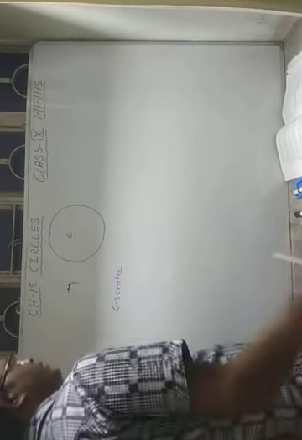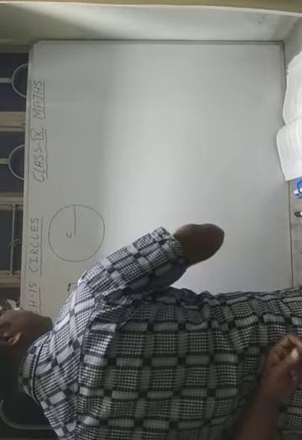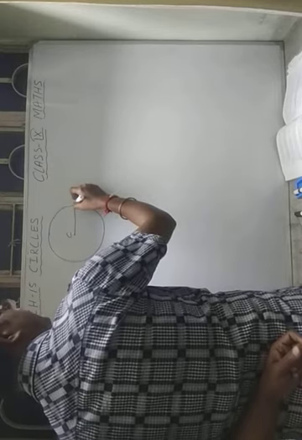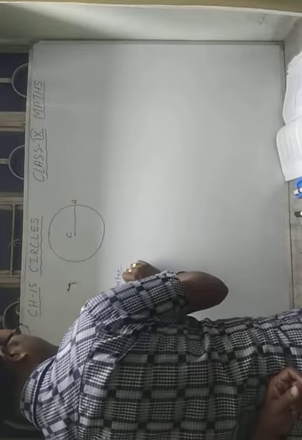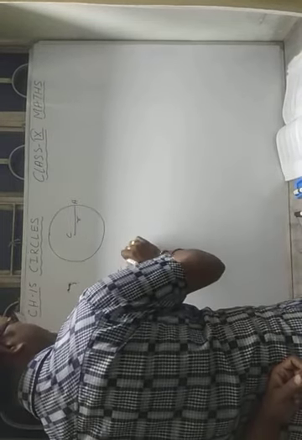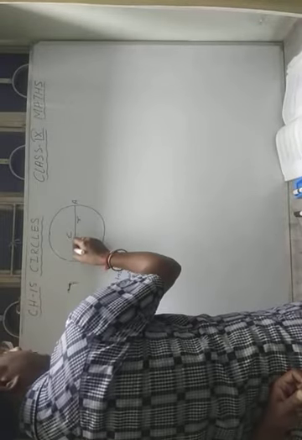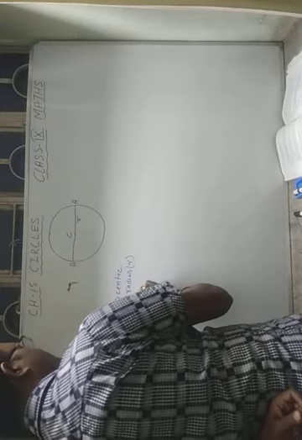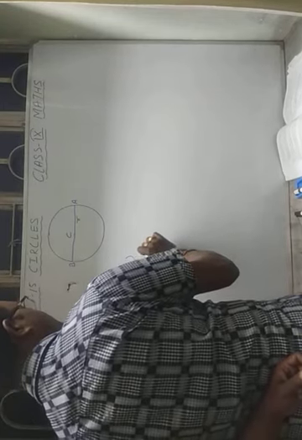Here C is the center of the circle, and the line joining any point with the center, suppose it is A, so CA we call a radius. It is represented by the small letter r. And if you extend this radius backwards, suppose it is B, so AB will be called the diameter.